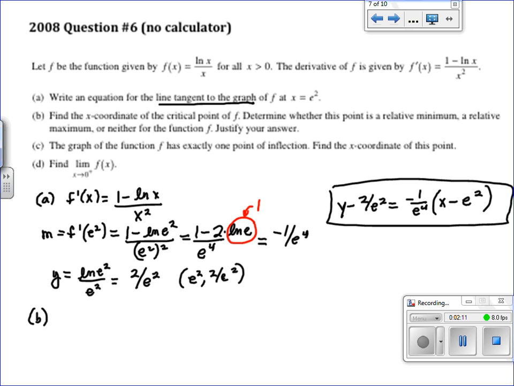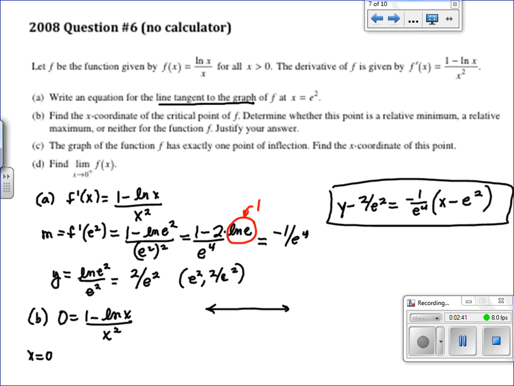Part B says find the x coordinate of the critical point, and determine whether this point is a relative minimum, relative maximum, or neither for the function. Critical points occur when f prime of x equals 0. So 0 equals 1 minus natural log of x all over x squared. We also have to consider when the denominator is equal to 0, which is when x is equal to 0.